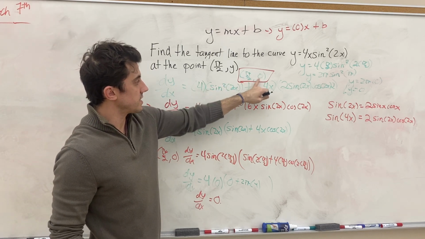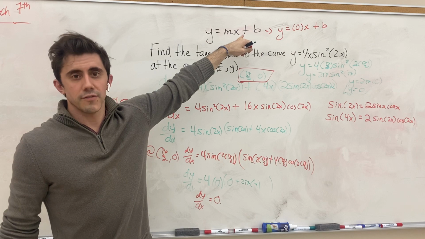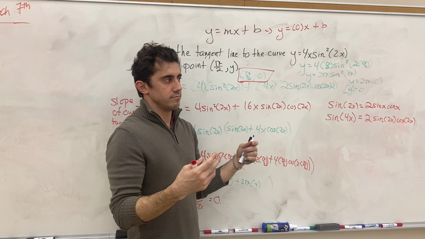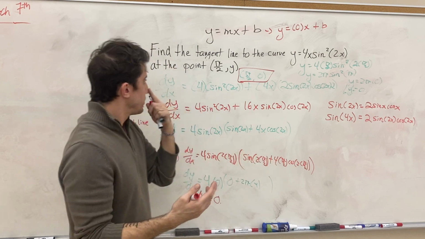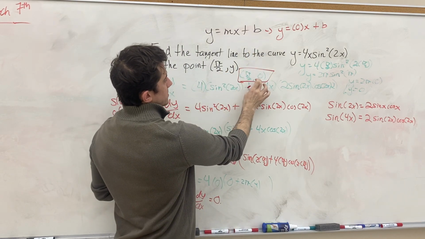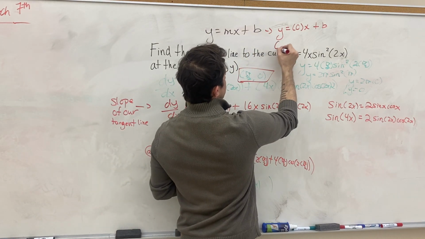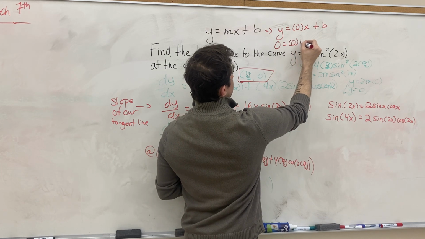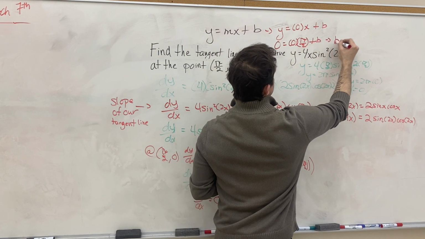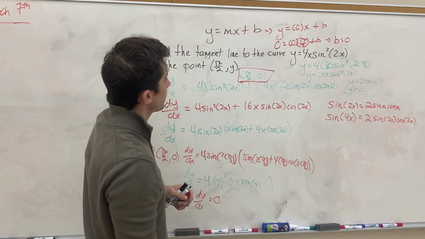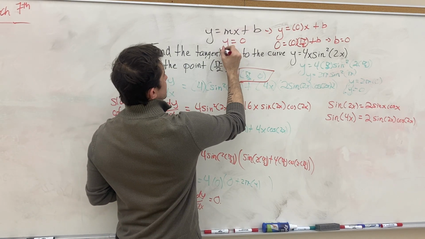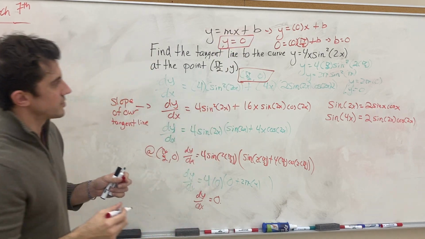So we can use those x and y coordinates to solve for b, the y-intercept that makes that line a unique line, right? So if we plug in pi over 2 for x and 0 for y, we get that 0 is equal to 0 times pi over 2 plus b, which means that b is equal to 0. So this is not a very interesting line. We get the line y is equal to 0 as our tangent line to the curve.